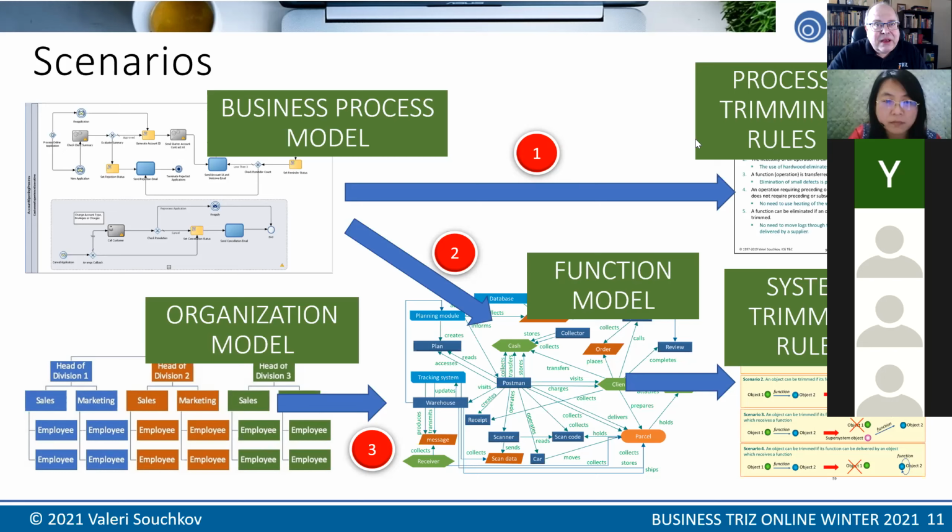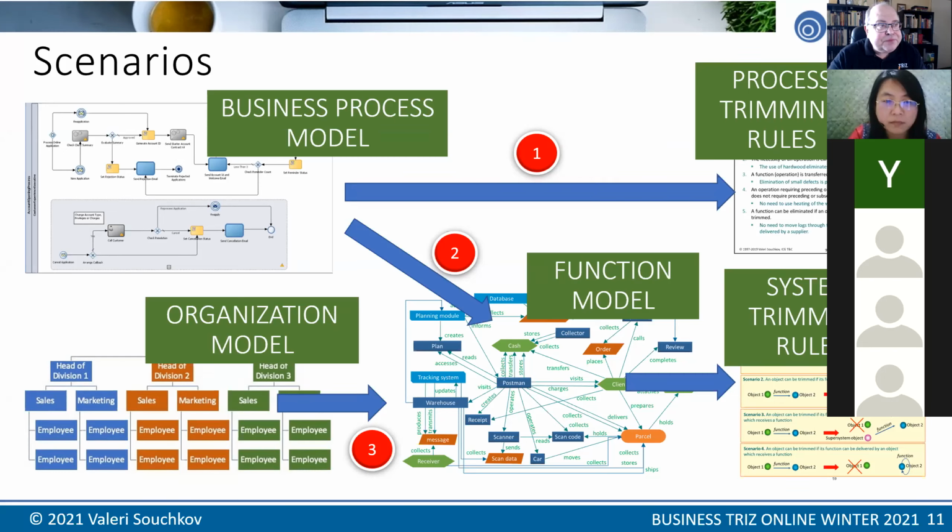Okay. Right. So we have three scenarios for business. First of all, we can directly try to cut costs of some business process. In business, we are using already existing process modeling frameworks, for example BPMN. It's one of the most widespread modeling frameworks today. It has nothing to do with TRIZ, but we use it as a basis.